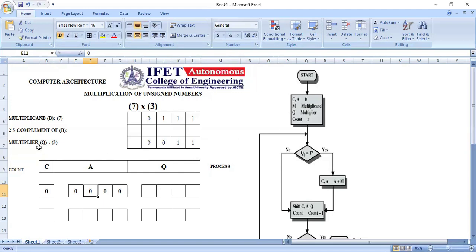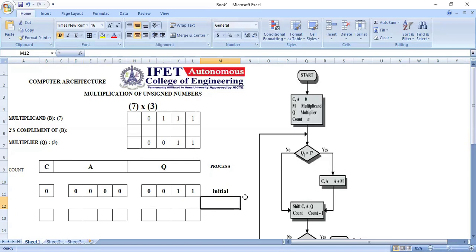And in the Q register, we have stored the multiplier value. What is the value for the multiplier? 0, 0, 1, 1. I repeat, this is the initial process, and in the initial process we have carry register equal to 0, accumulator equal to 0, and Q register equal to the multiplier.